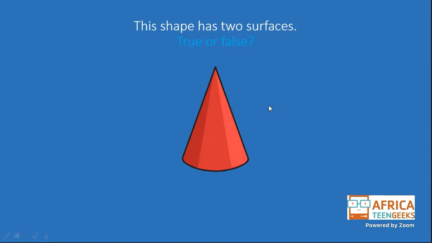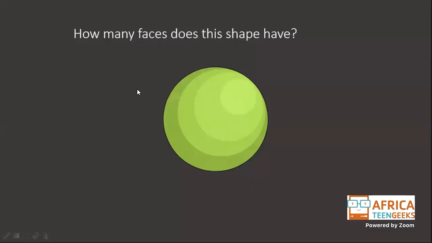Most of you agree that the answer is true. Those of you who said false, if you are thinking, oh, the one is curved, then you have to just explain the shape has 1 flat surface and 1 curved surface, but it still has 2 surfaces if we count the curved surface.